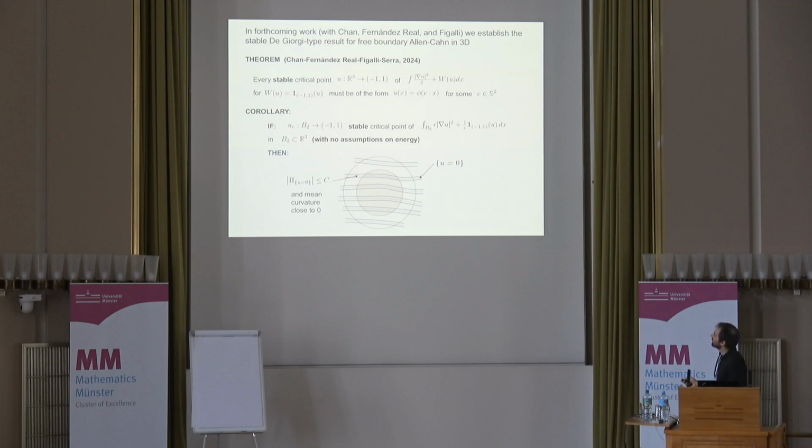The corollary would be that if you have a solution u epsilon, a stable critical point of the same energy but now with an epsilon, in the ball of radius 2, then in the ball of radius 1, the second fundamental form of the zero-level set, or of any of the two free boundaries, is bounded independently of epsilon, right? And the mean curvature is very close to 0 as a power of epsilon.